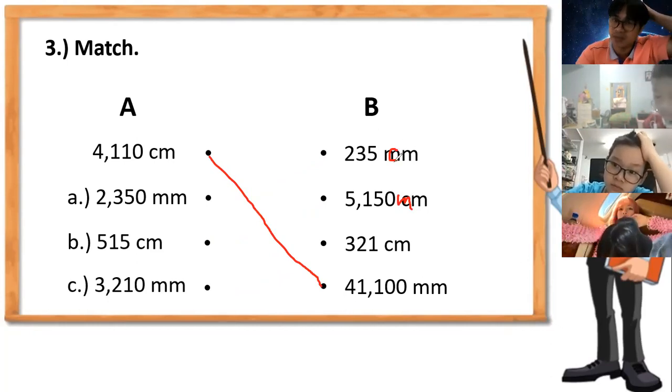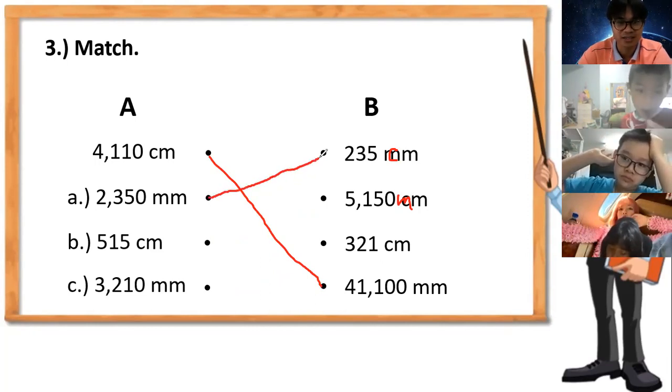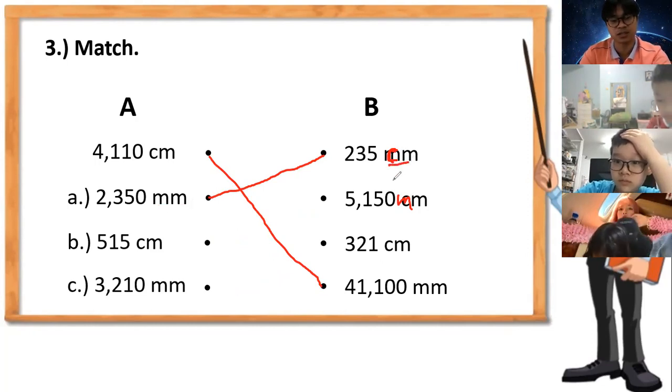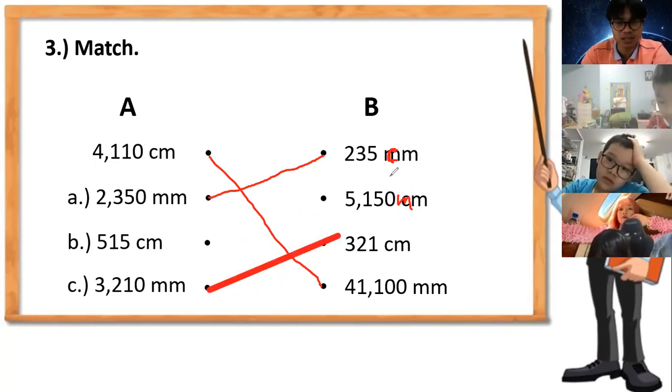The book is wrong, no? You need to change it here. So letter A is this one, correct? You change it into centimeters because this one is millimeters. So this should be centimeters.